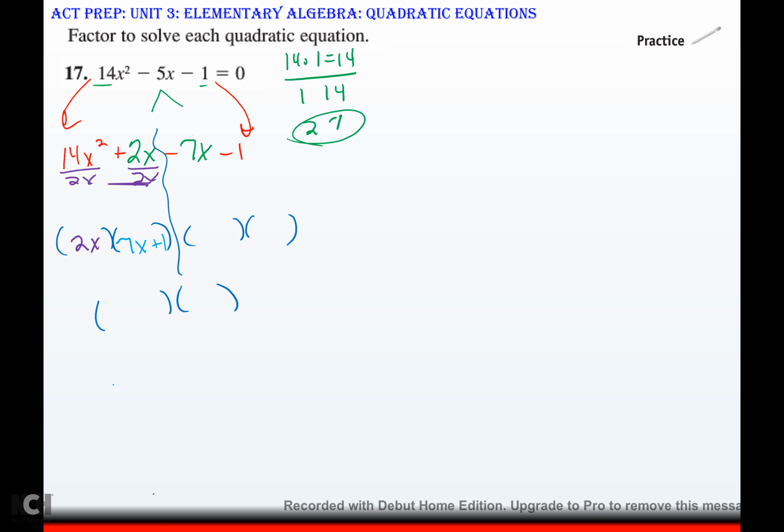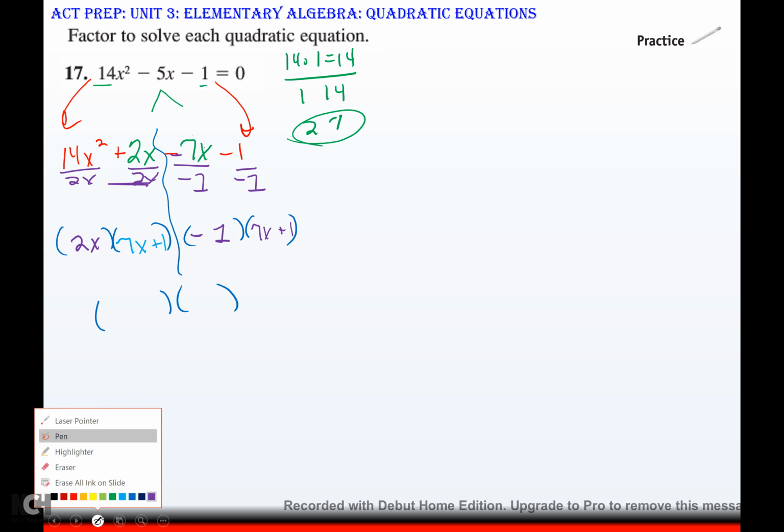On the other side, my GCF, I know it's going to be a negative because I always take a sign. The smallest number is 1, and no x's. So my GCF on the other side is negative 1. Negative 7x divided by negative 1 would be positive 7x, and a negative 1 divided by a negative 1 would be positive 1.